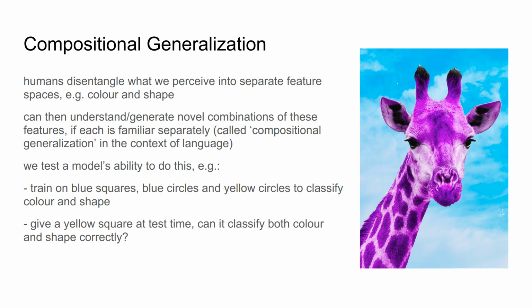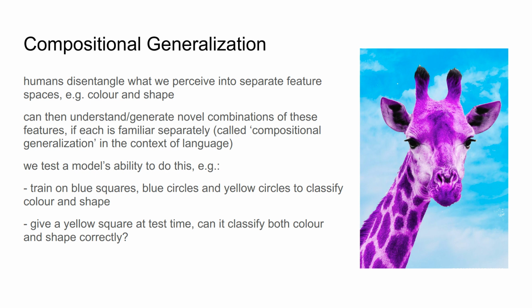It varies depending on the actual data set, but for example, you train a model on a data set consisting of blue squares, blue circles, and yellow circles to classify color and shape. And then at test time, you give it a yellow square, and you see, can it classify both the color and the shape? If it's disentangled them, it should be fine because the shape is familiar, the color is familiar if you consider them separately.